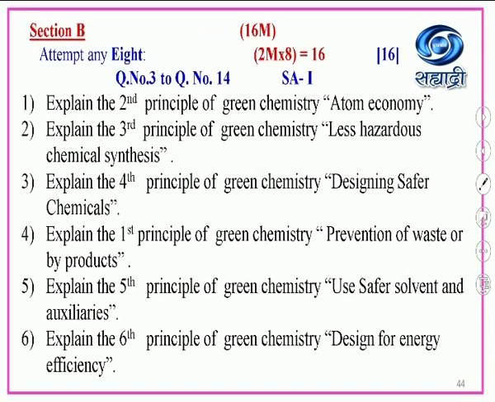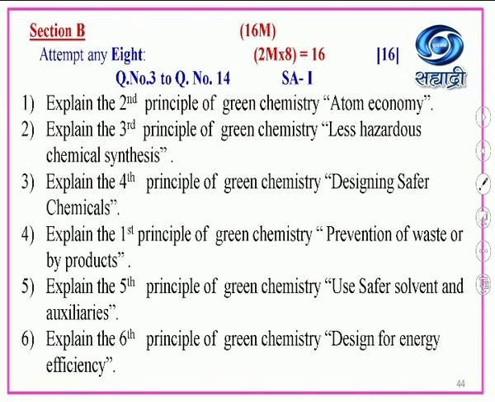Section B carries 16 marks. So there are 8 questions and each question carries 2 marks. Okay. So questions number 3 to number 14 are there. SA means short answer type 1. Short answer type 1. Okay. Explain the second principle of green chemistry, that is atom economy.